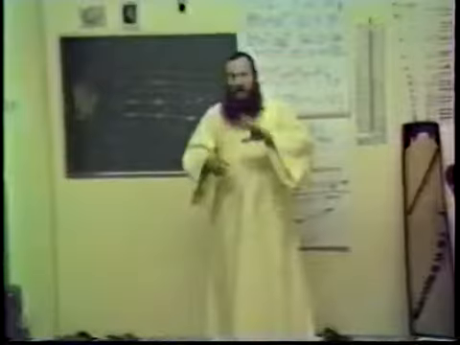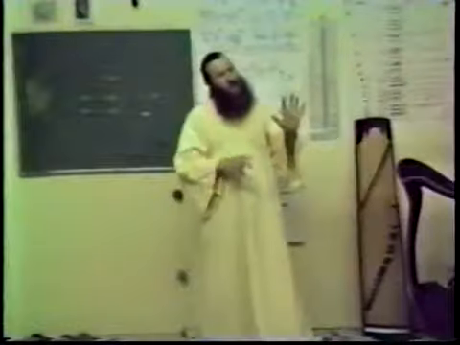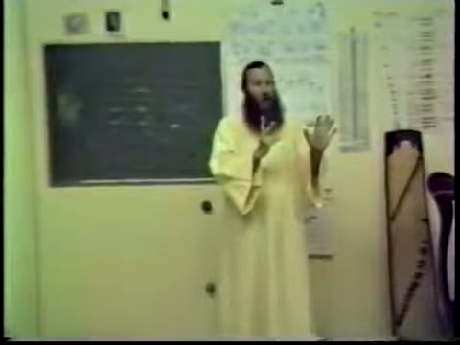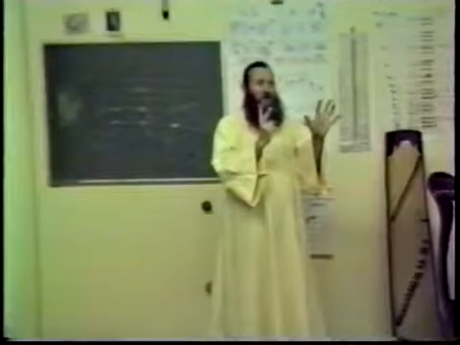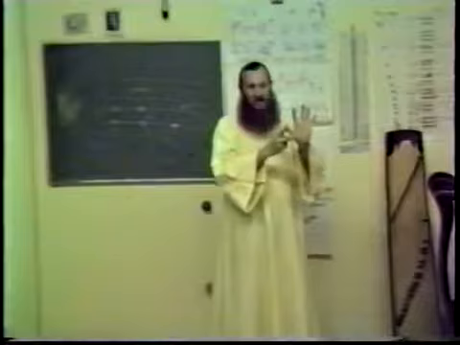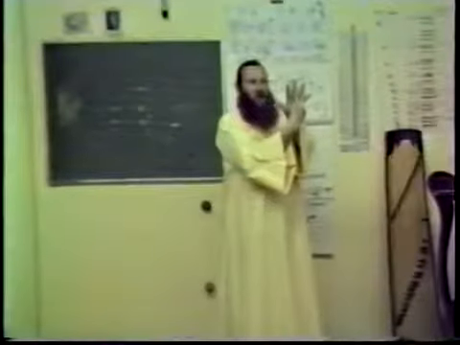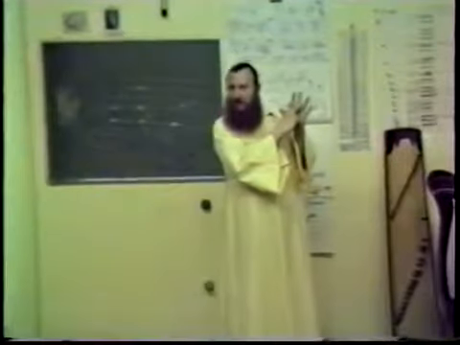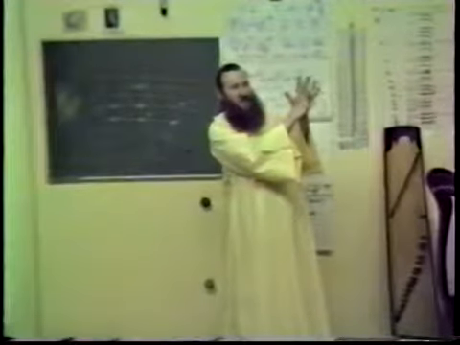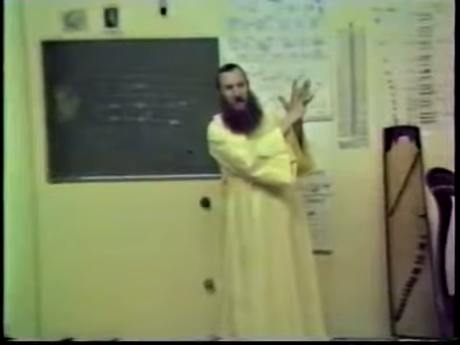As a matter of fact, in any mode, you will have 5 whole steps and 2 half steps. All the scales are made up of 5 whole steps and 2 half steps arranged in different patterns. And where the half steps fall determines the scale. That's what it all boils down to. Wherever those half steps fall will determine what kind of scale you're in.